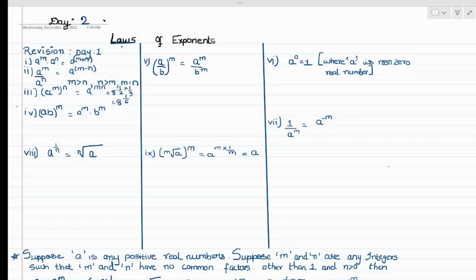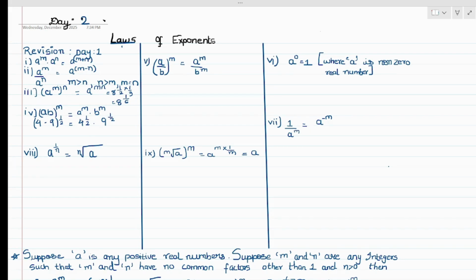For further clarification, let's take a as 4 and b as 9, the whole raised to 1 by 2. So I will get 4 raised to 1 by 2 and 9 raised to 1 by 2.